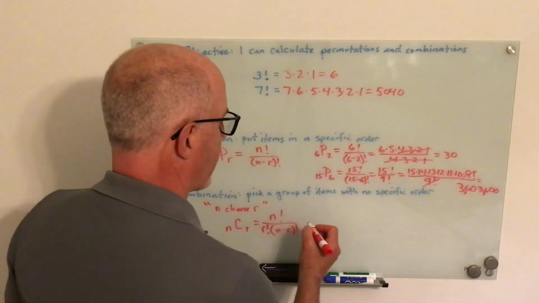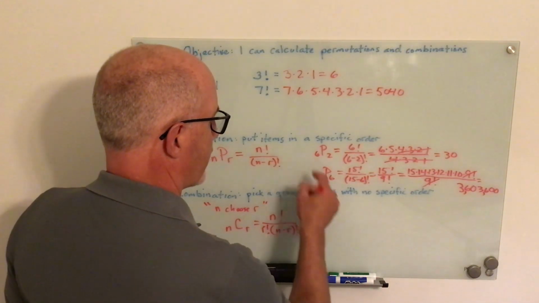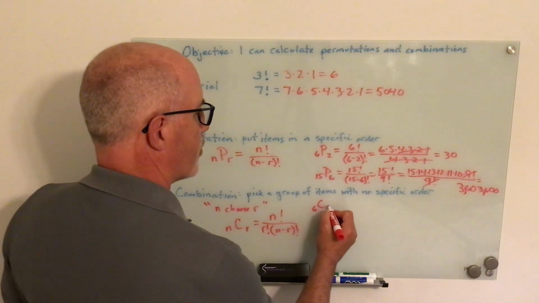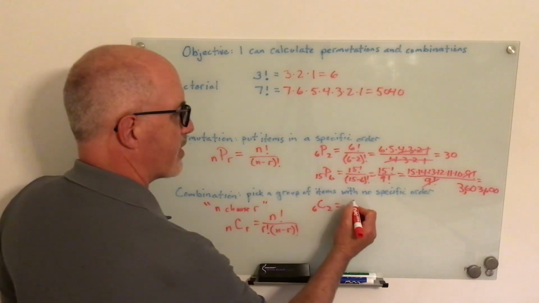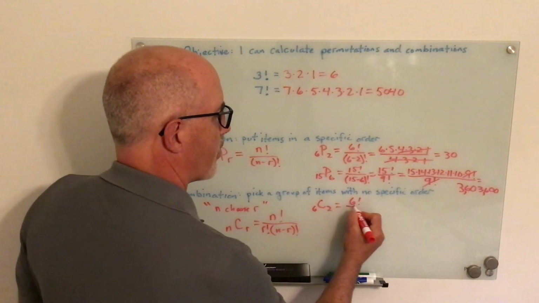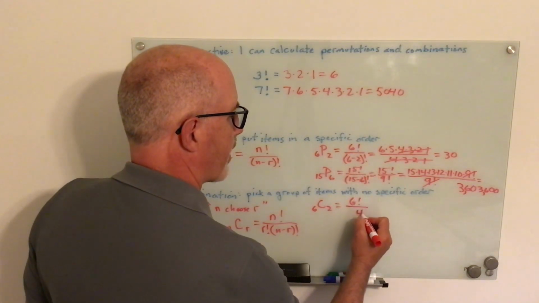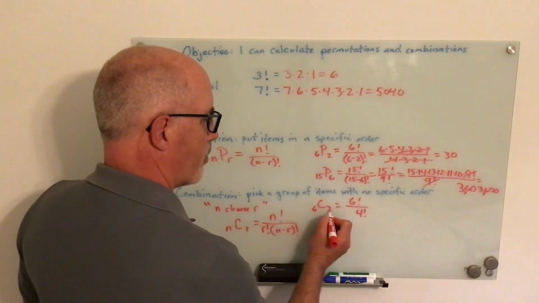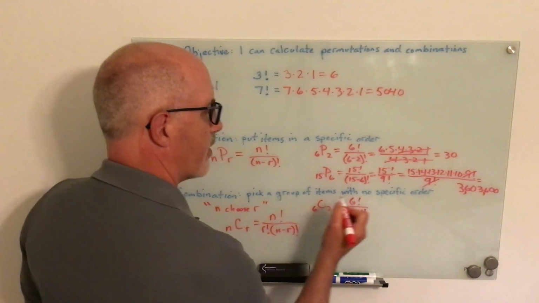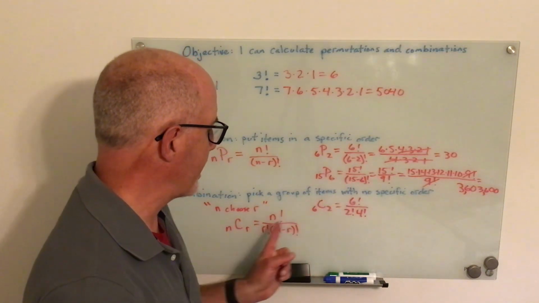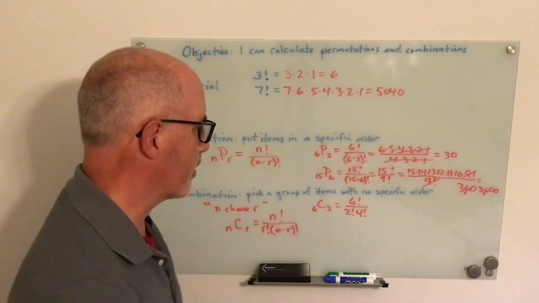So you're going to have more that you reduce out, it'll be a smaller number. So when we do a problem like this, let's just do the same numbers here. Let's do 6 choose 2. You're going to have a 6 factorial over 6 minus 2, which we'll just say is 4 factorial, and then you list it with the 2 factorial. So the same thing, the 6 minus 2 factorial, but you've got to add in that extra r factorial there.